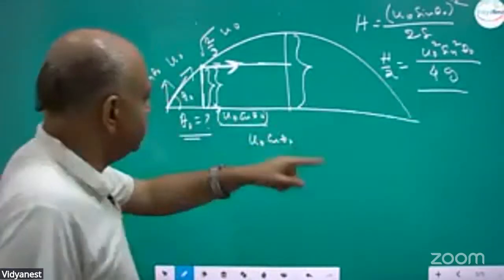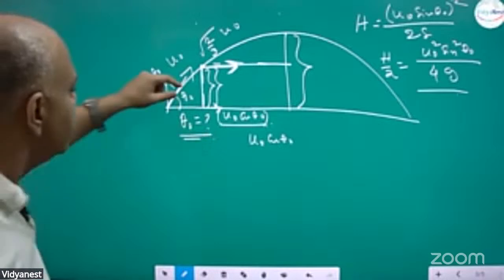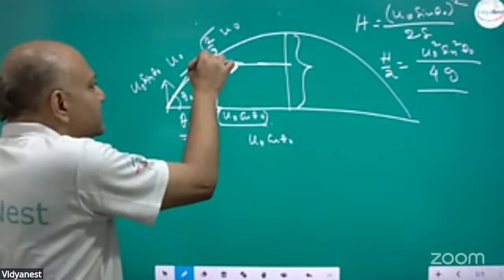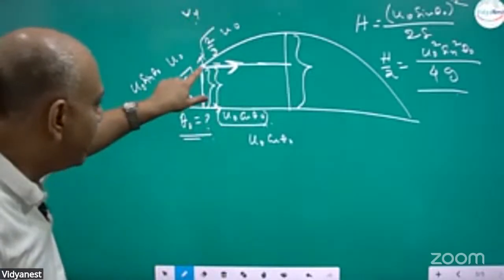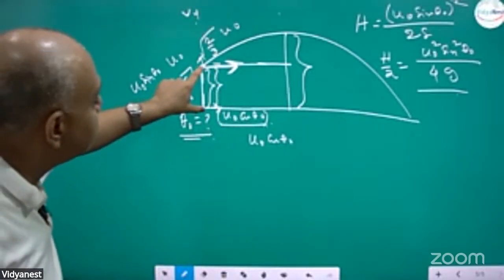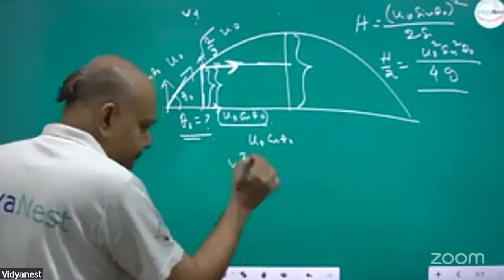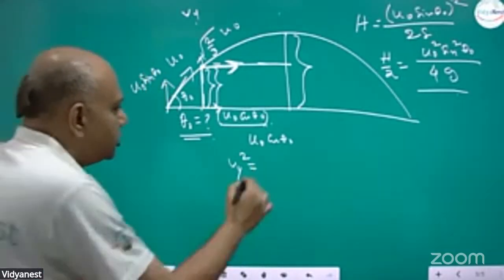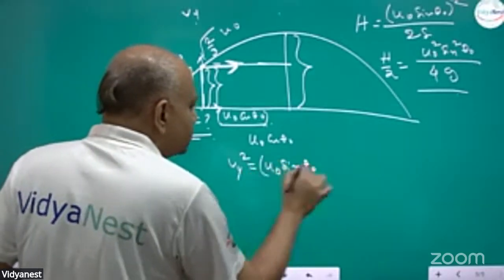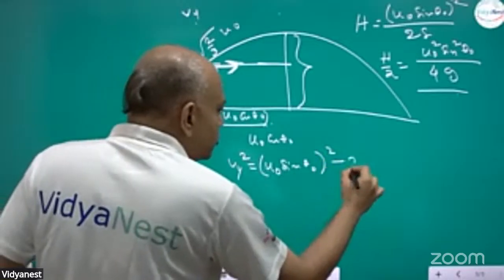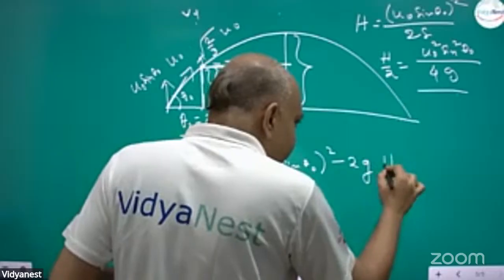In the vertical direction, suppose the vertical velocity at that point is Vy. So how can I write? Vy square is equal to u naught sine theta naught squared minus 2g into h by 2.